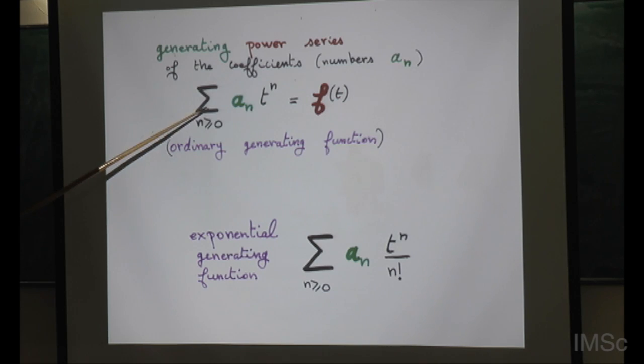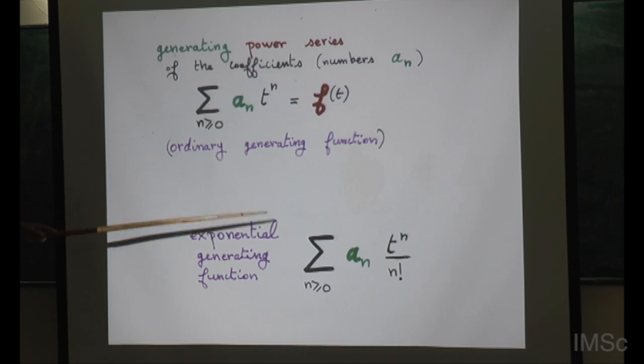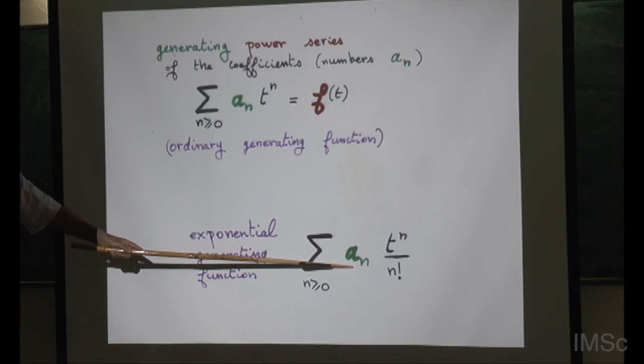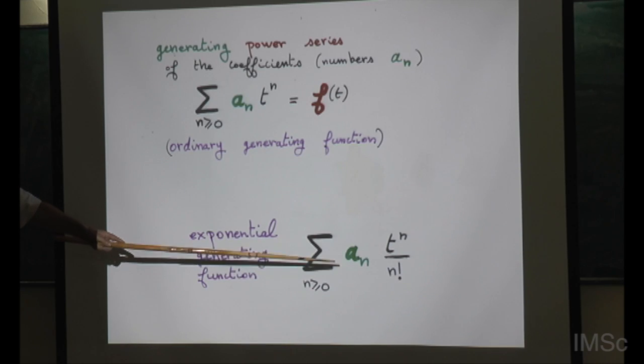So if you have a sequence of numbers, of coefficients in the ring K, then we will call sigma an t^n, the power series, the generating function of the coefficients. We'll call this the ordinary generating function when you put the power series like this. And in another chapter of this course, I will introduce the exponential generating function. Sometimes it's much more useful to introduce this.